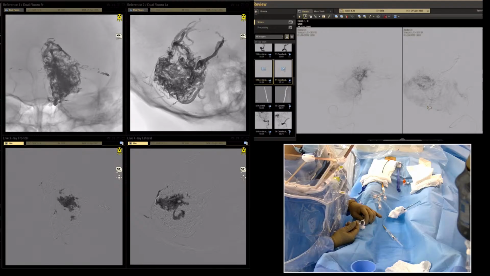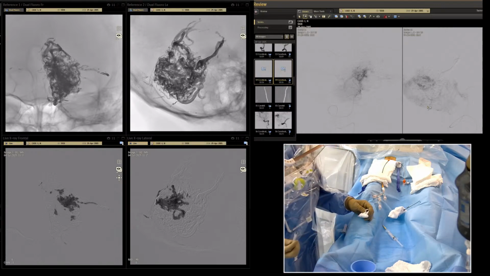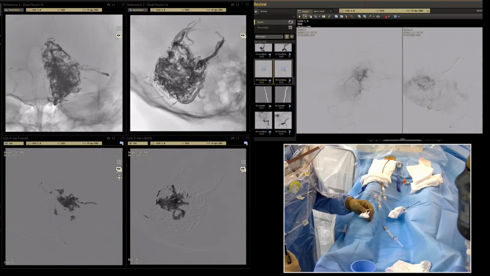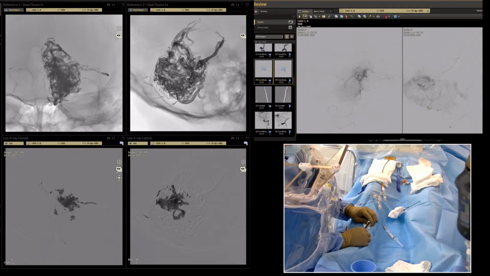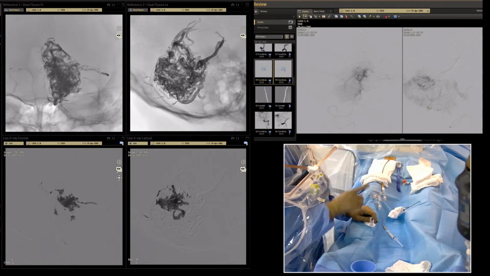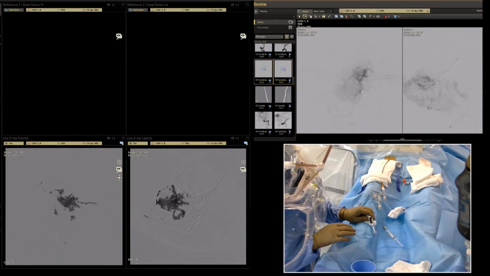Yes, and we need to keep in mind there is an arterial connection. And now we connected with the territory. We came from the cerebellar artery, and there is a reflux, and I didn't see it.